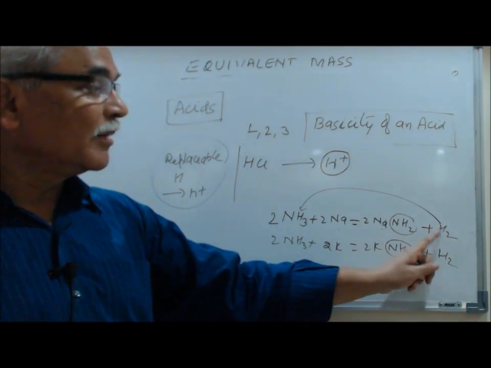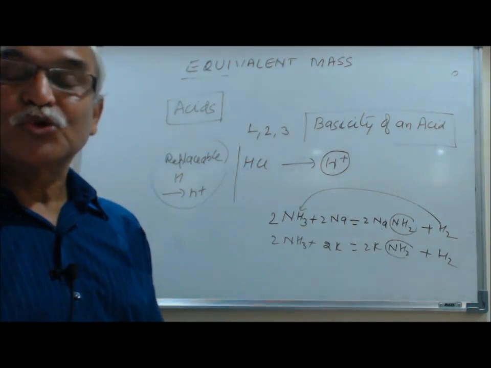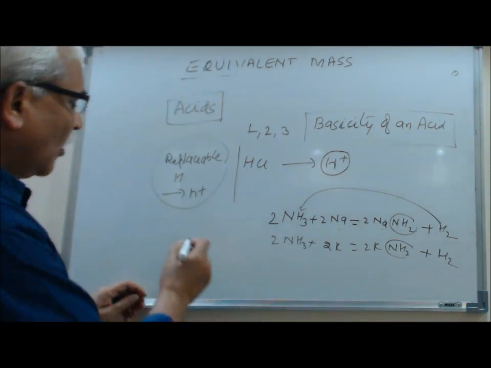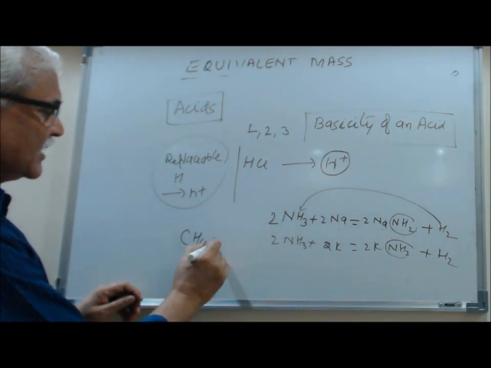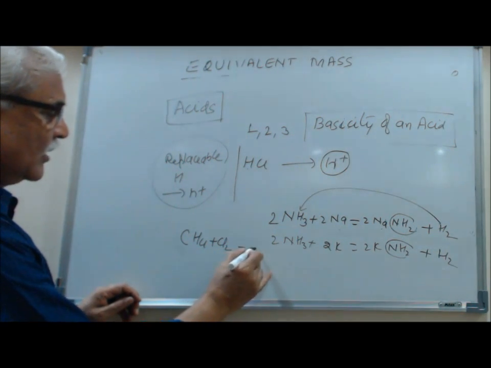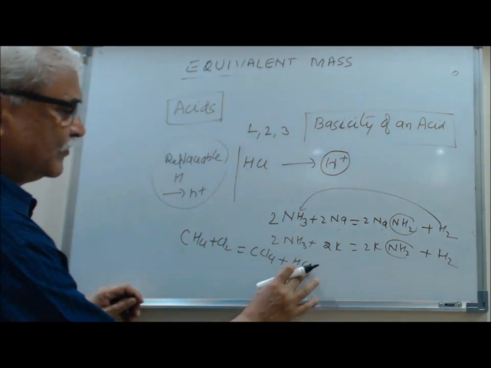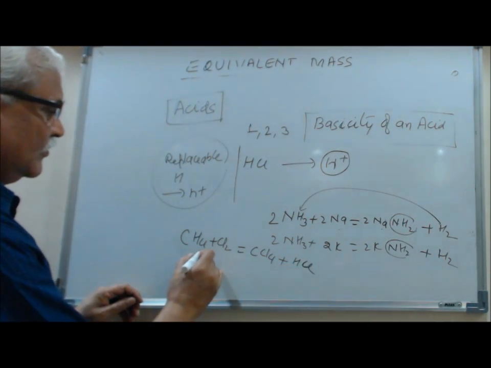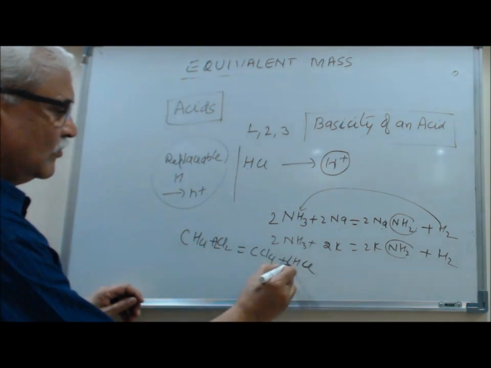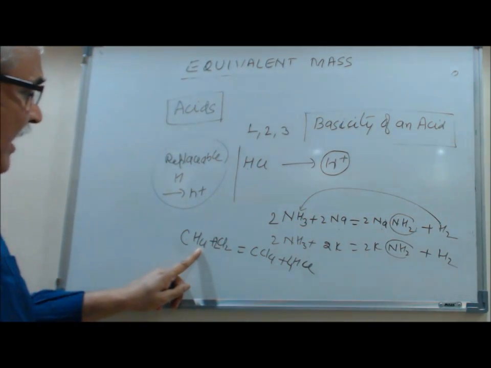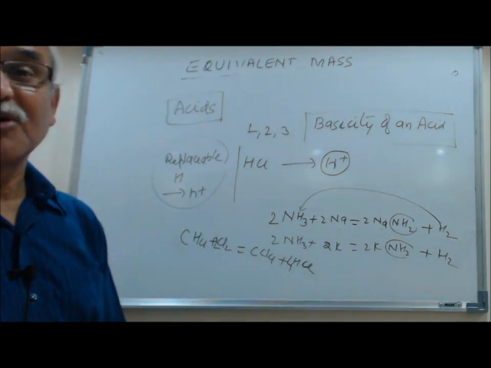This hydrogen is not coming out as a proton. So only replaceability of hydrogen is not sufficient criteria. From methane, I can replace the hydrogen by chlorine like this. Chlorine is replacing hydrogen, but hydrogen coming out is not in the form of proton.